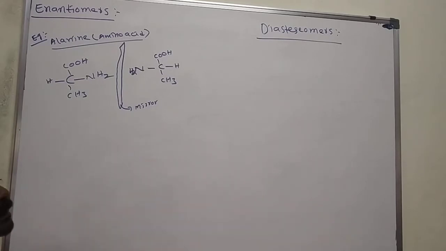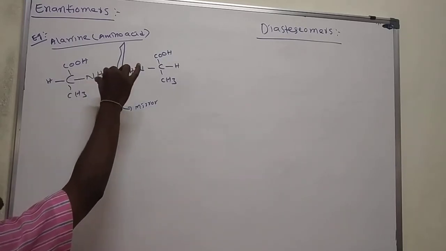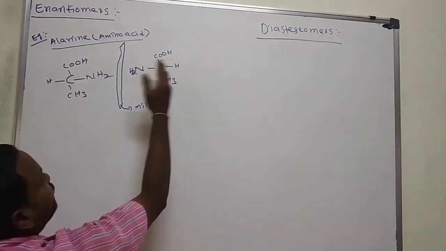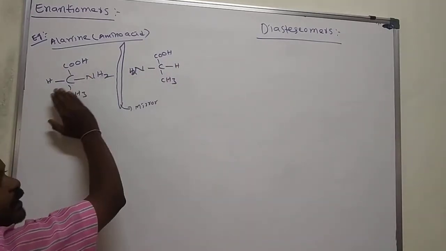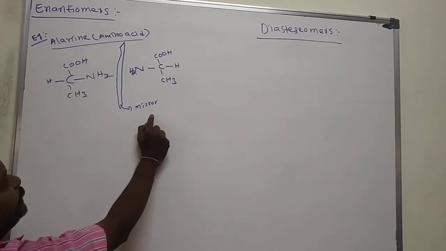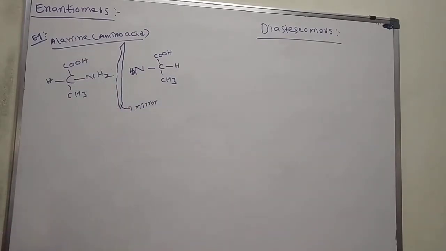Both are mirror images, and they are non-superimposable. Lift this one and keep it here: the NH2 group comes to this side and H comes to this side. That means these two do not overlap with each other. Non-superimposable mirror images are simply called enantiomers.